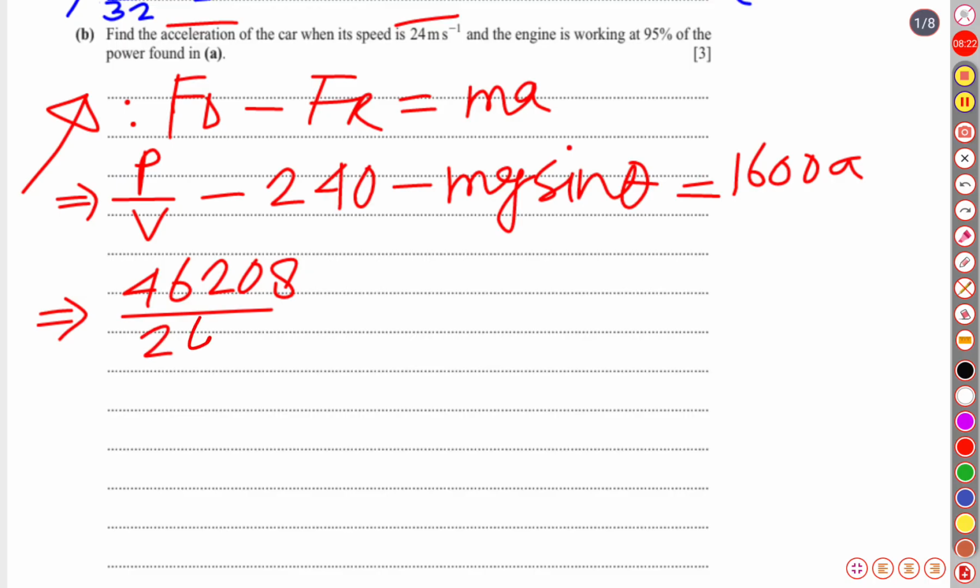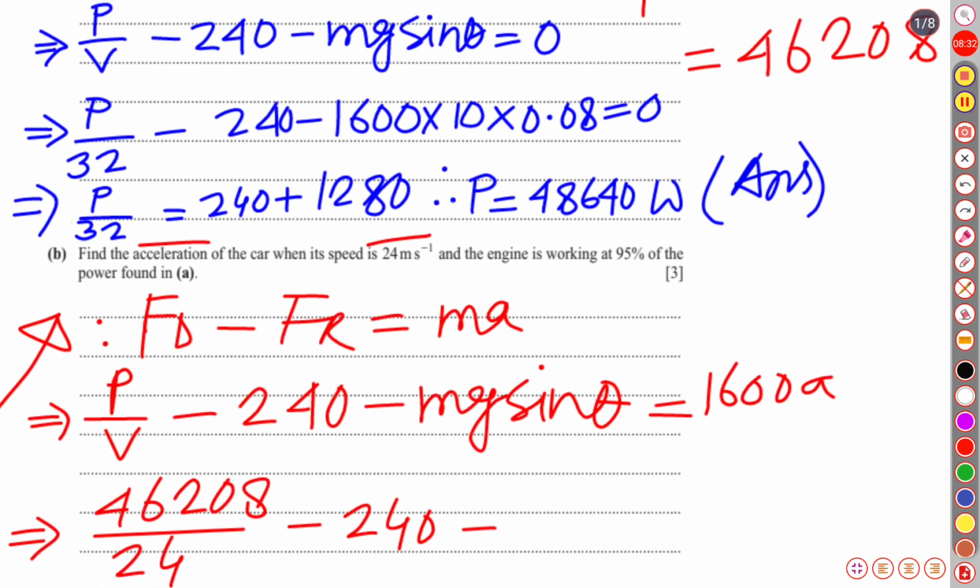So 46208 over 24 minus 240 minus mg sine theta. As the system is still as it was, the resistance due to weight is also the same, which was 1280.